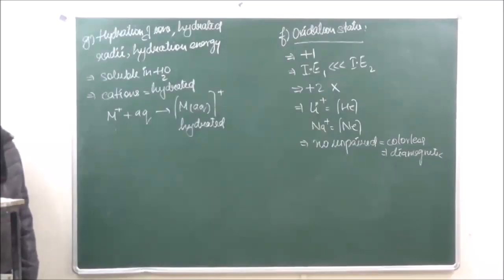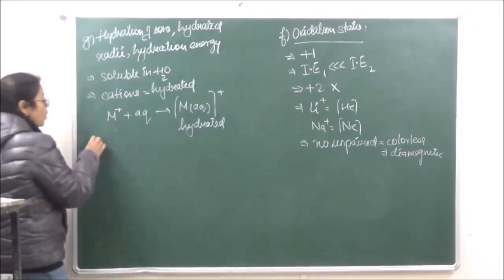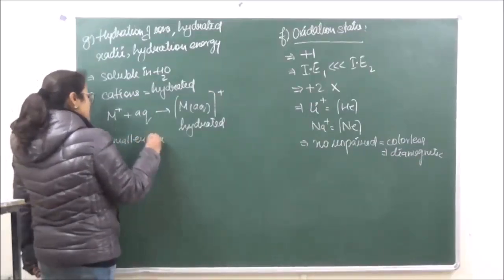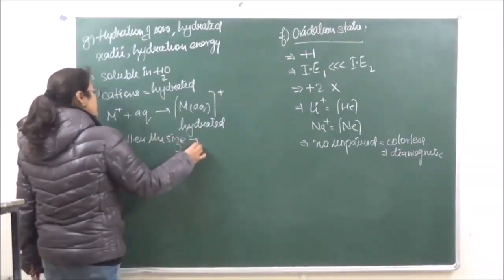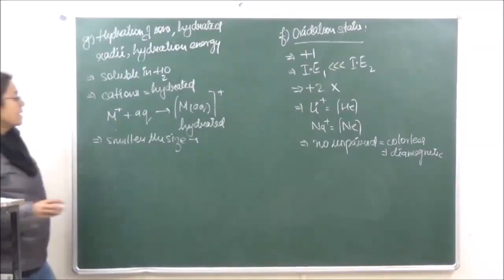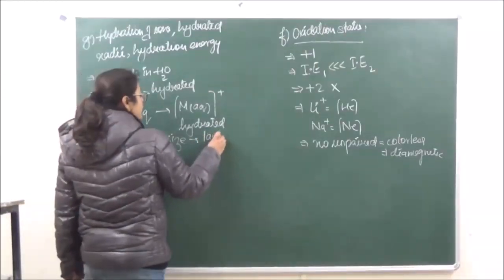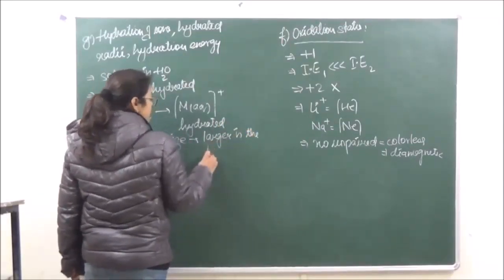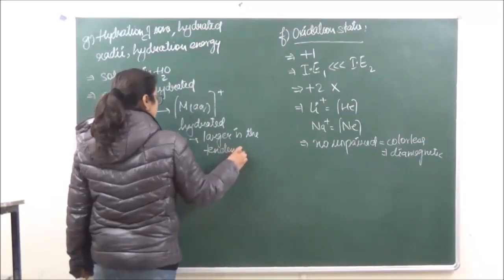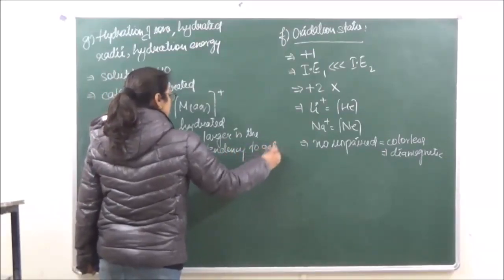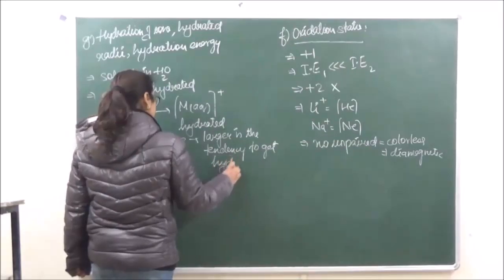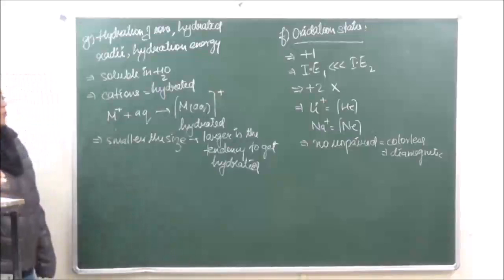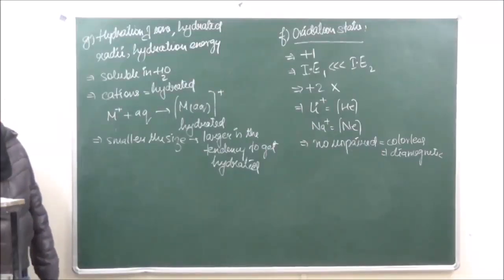Now it is seen that the smaller the size of the cation, the larger is its tendency to get hydrated.